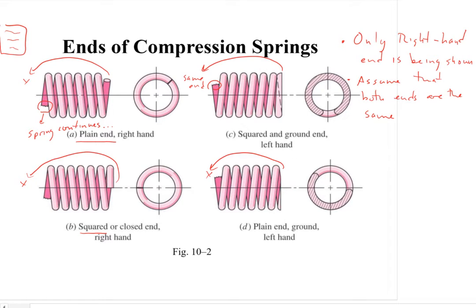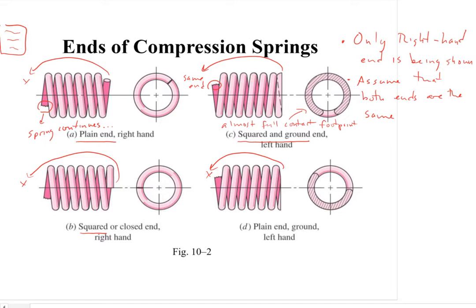Then we have squared and ground, where it's been ground down to include almost a full contact footprint.